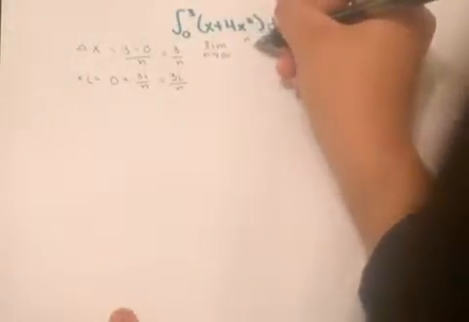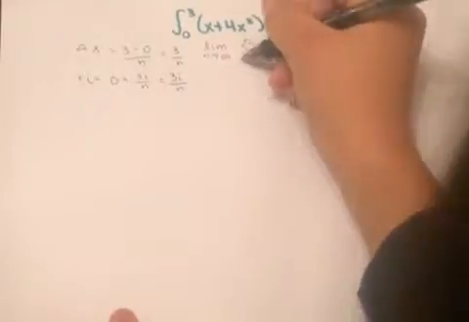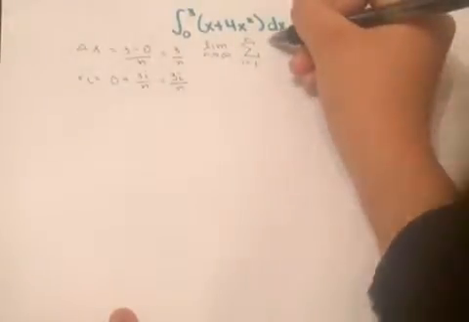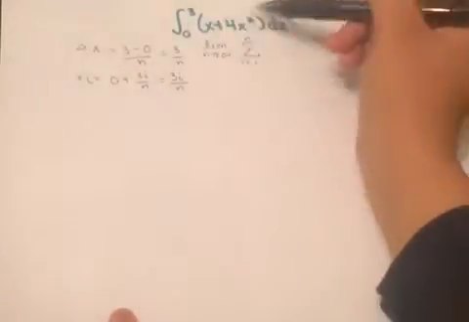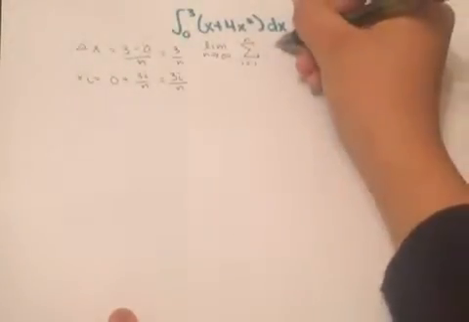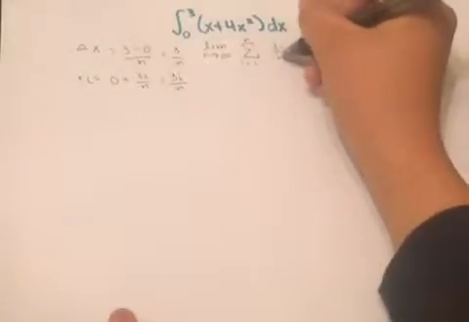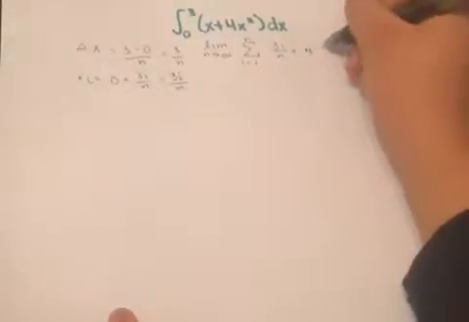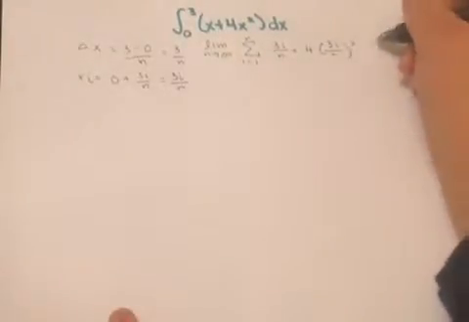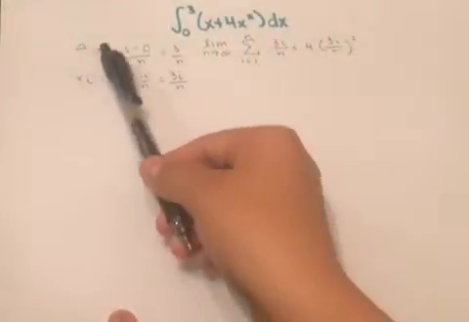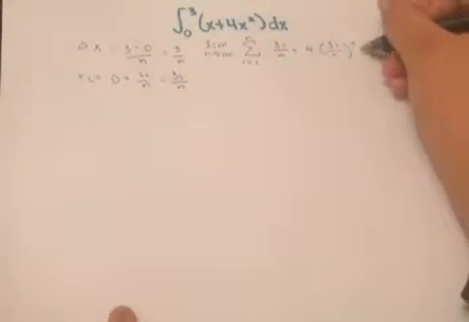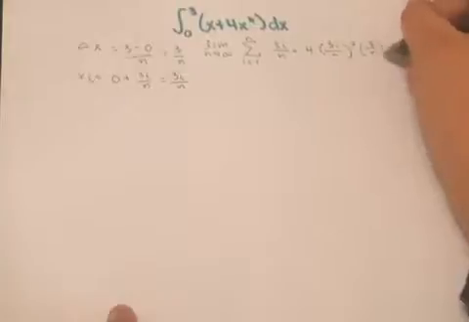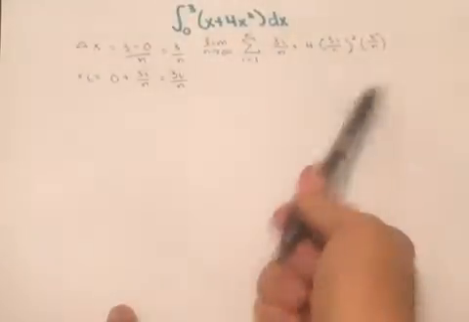And after this, we can start by plugging in xi for every time that there is an x, because that is what we need to do in order to find the limit accordingly. So you do 3i over n plus 4 times 3i over n squared. And as you can see, this is just the 3i over n for every time that there is an x. And then we need to multiply the whole thing by 3 over n, because that is what delta x is.